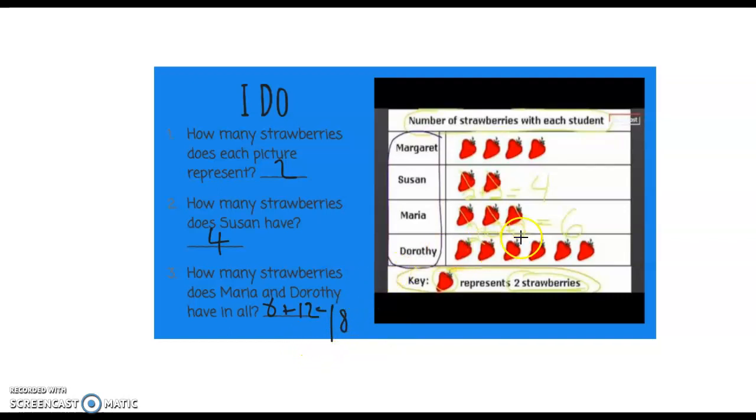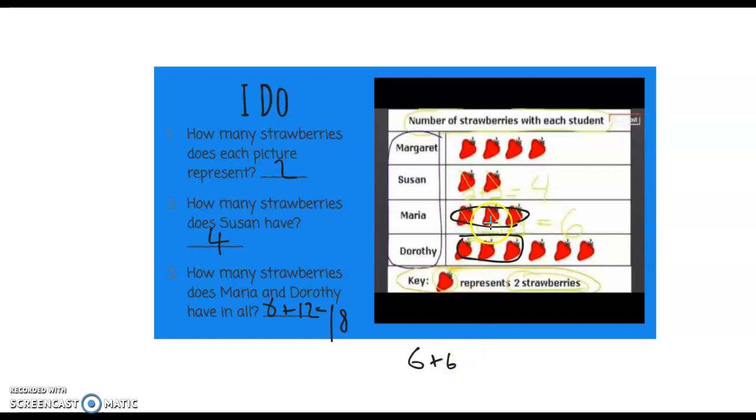Here's another way you can do it. Since we're comparing Maria and Dorothy, I can see right here we have 3 pictures representing 6 strawberries. We also have 3 down here. So I'm going to write 6 plus 6, because we have to remember, although I'm only circling 3 pictures, each picture stands for 2.